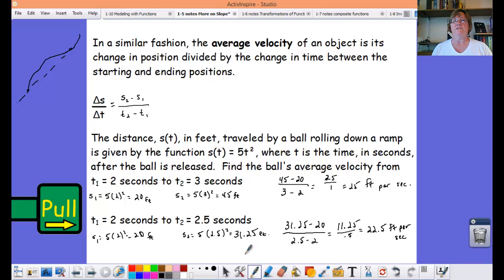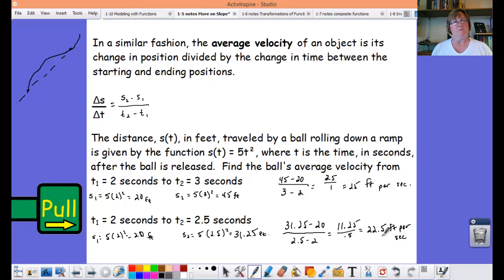We want to know the average velocity, or again, the average rate of change, if you will. We take the difference of the two distances divided by the difference of the two times. 22.5 feet per second is the velocity as you go from 2 to 2.5 seconds.